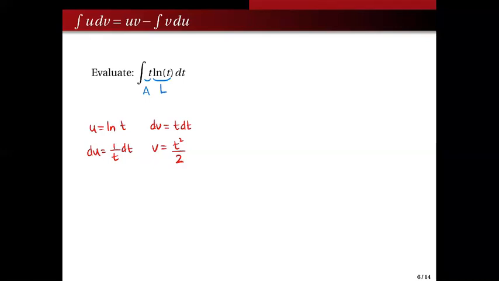Therefore, we will have uv, so that's ln of t times t squared over 2. So I'll write t squared ln of t divided by 2 minus the integral of v, which is t squared over 2, du, that's 1 over t dt. And let's just simplify this.